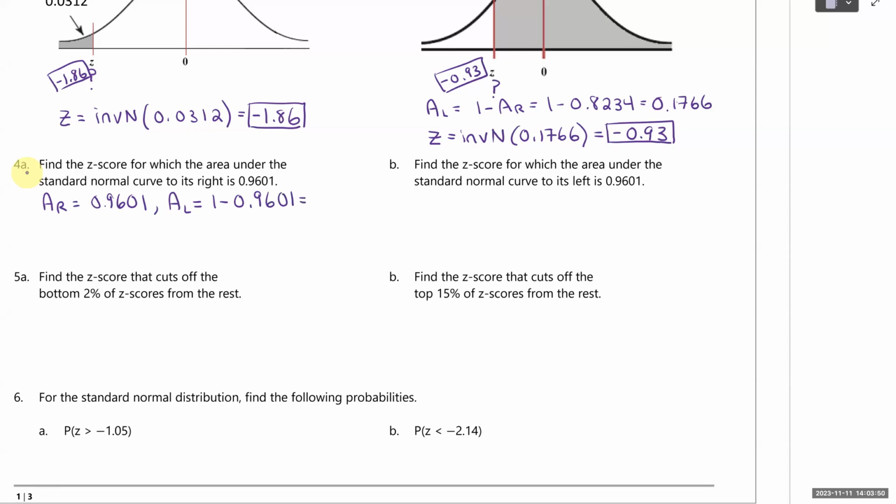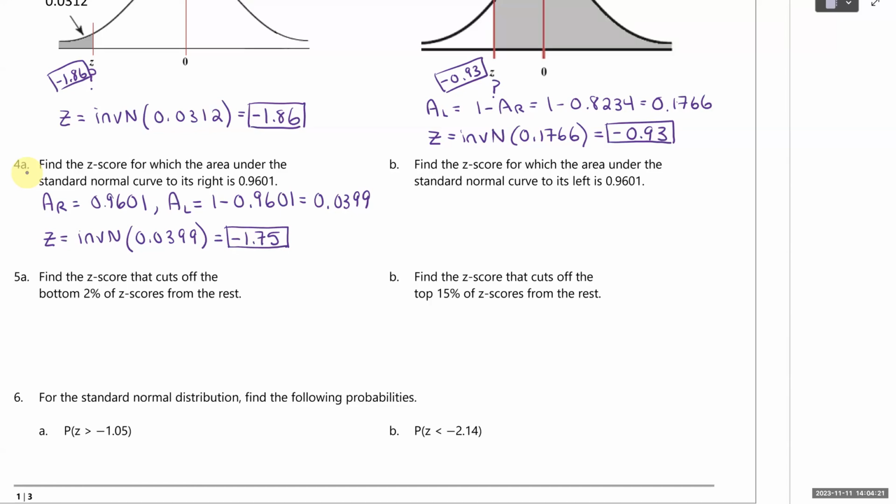So 1 minus the area to the right gives you the area to the left for that z-score we're trying to find. And then you can inverse norm that area to the left. All right, that'll be negative 1.75.